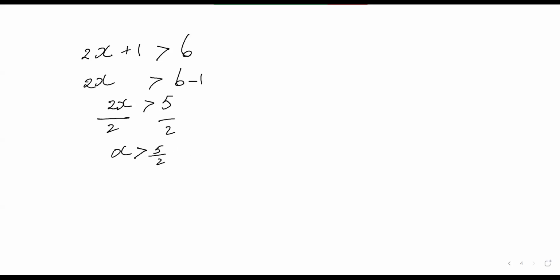All right, anybody lost? So the rule is you work just as normal, except for when x is negative. Now look carefully. -3x minus 1 is greater than 14. Watch carefully.